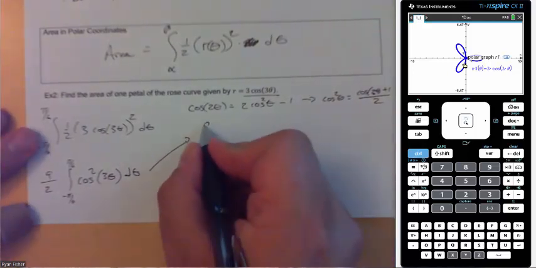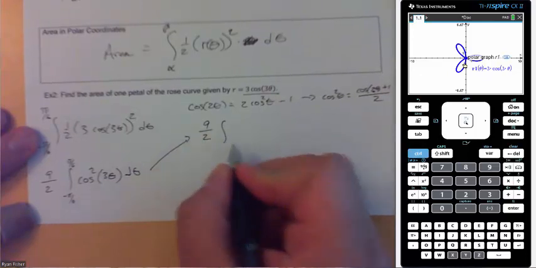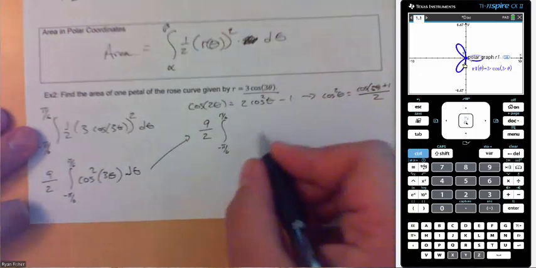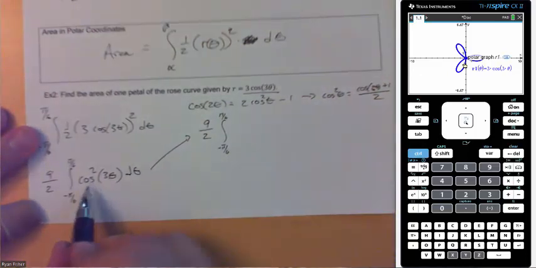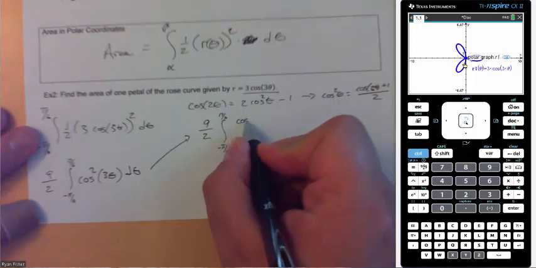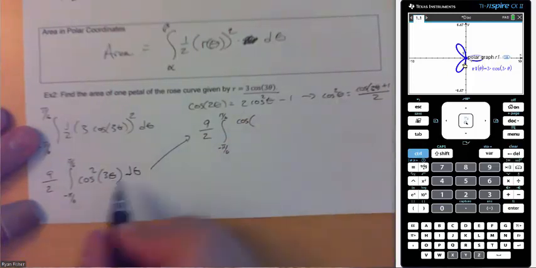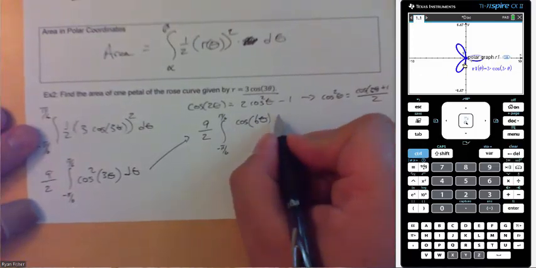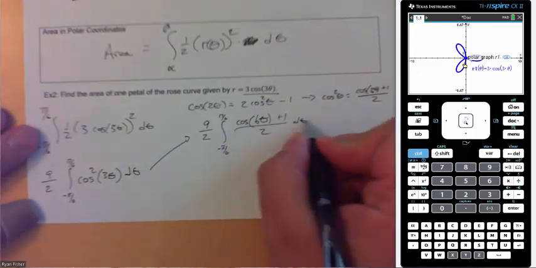So note, this integral is really from negative pi over 6 to pi over 6. I could substitute out cosine squared to get a cosine to the first power, which I can integrate, but I have that at the price of doubling the argument. Plus 1, over 2, d theta.